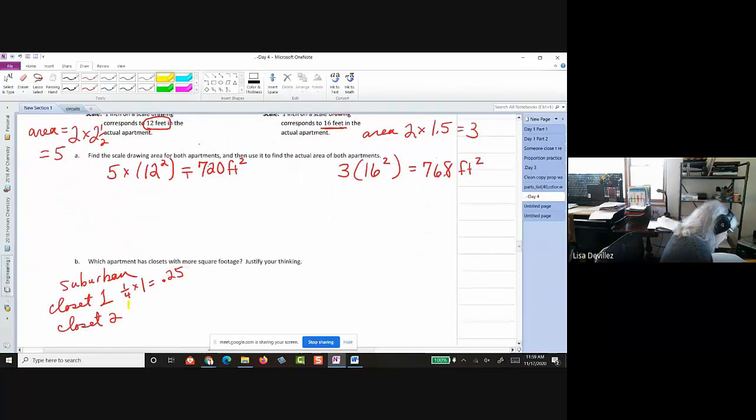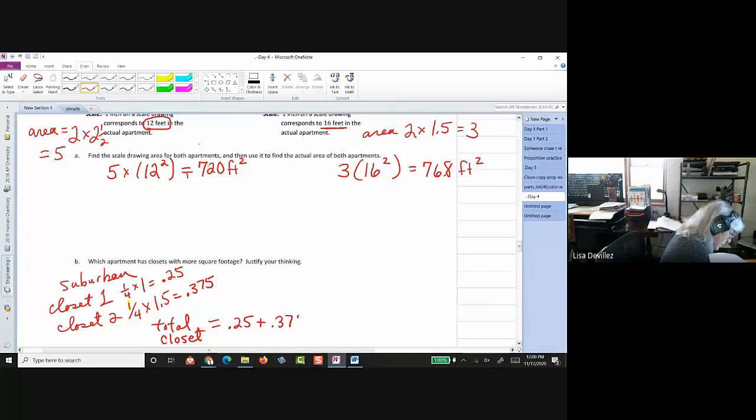So we have 1/4 times 1.5, that's going to be 0.375. So the total closet area in the suburban one is going to be 0.25 plus 0.375, or 0.625.